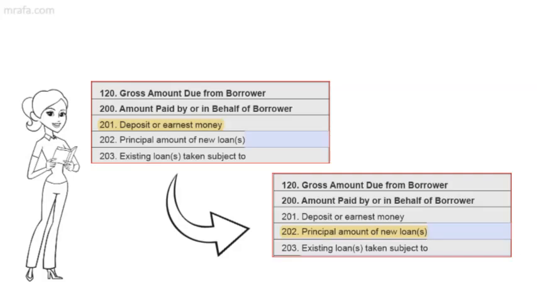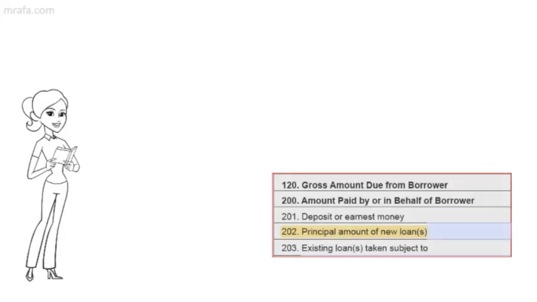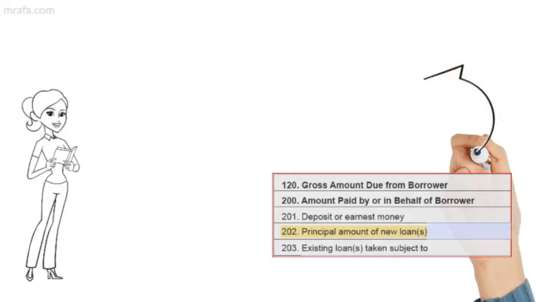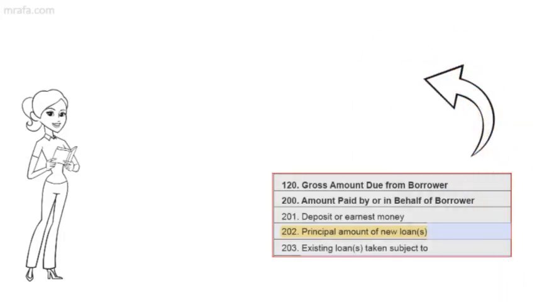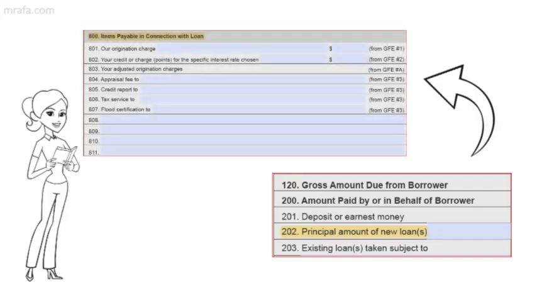So this part, section 800, will discuss interest and fees related to the loan to pay for that principal. And normally the origination fee is around 0.5% to 1% of the loan amount.